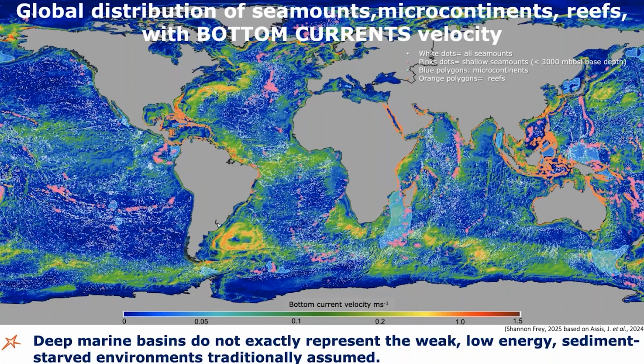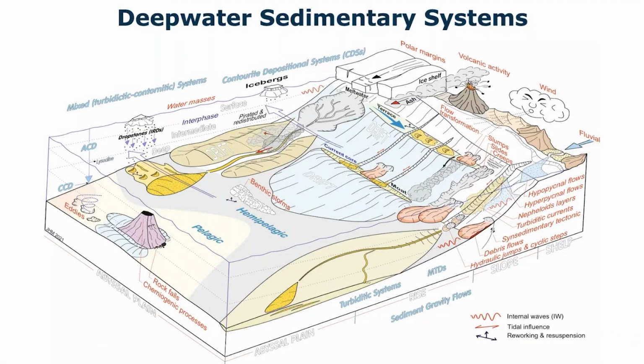Along the lower slope and continental rise, because of the interaction of the thermohaline system and these secondary processes with the irregularities, the velocities could be very high, more than 100 centimeters per second in many areas.